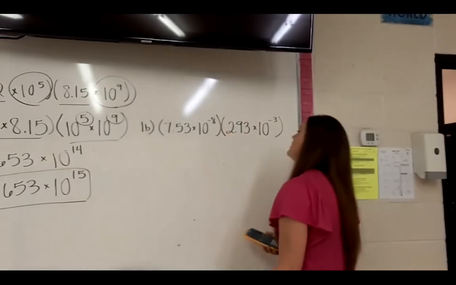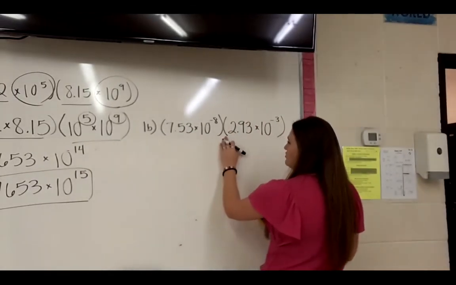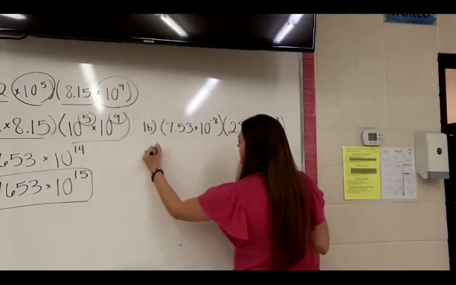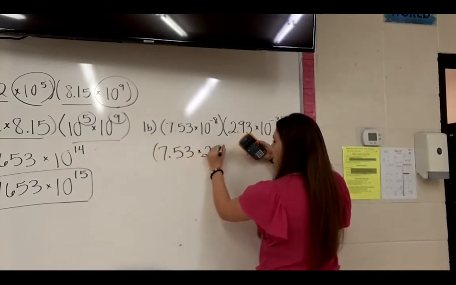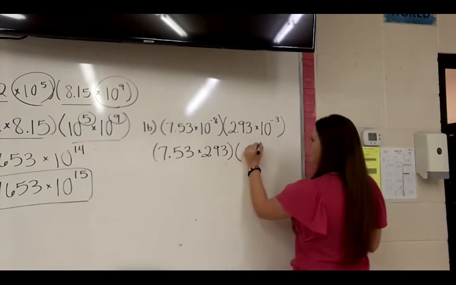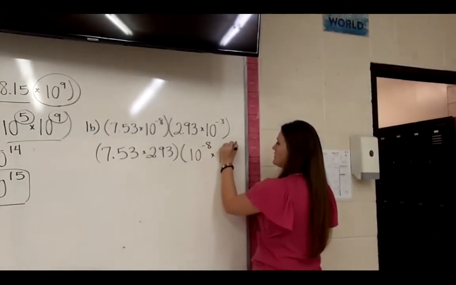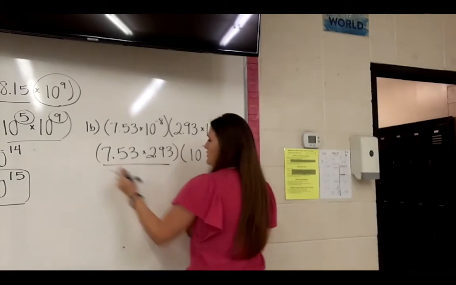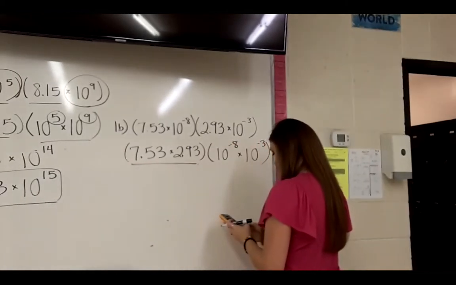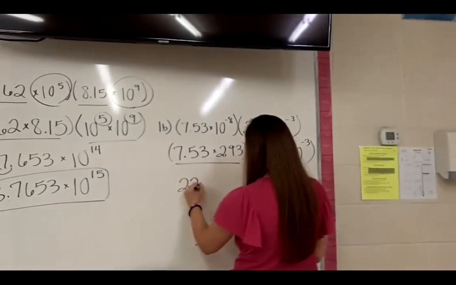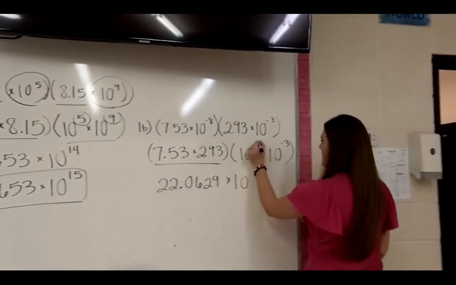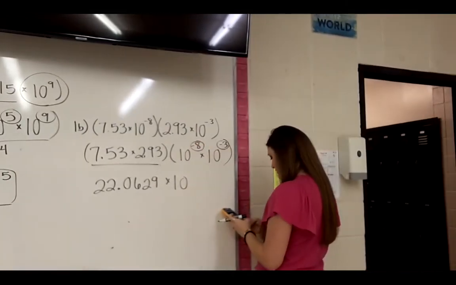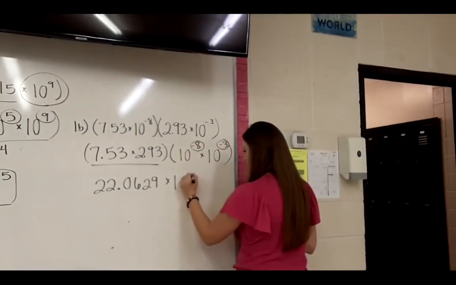Okay, example B. Same thing, we're multiplying and they're both times 10 to an exponent, so I'm going to rewrite it, putting those two front numbers together, and then my exponents together. So when I multiply this, 7.53 times 2.93, and then over here I have negative 8 plus negative 3, negative 11.